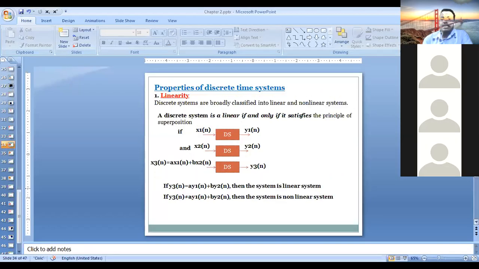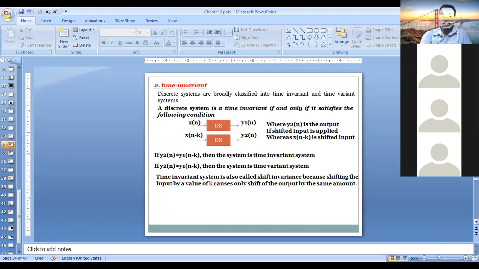But when you come to time variant systems, if you shift the input, the output will be totally different. The waveform and frequency change. But when you come to time invariant, when you shift the input, the output is only shifted by the same amount, no other change. That's what we call time invariant and variant.